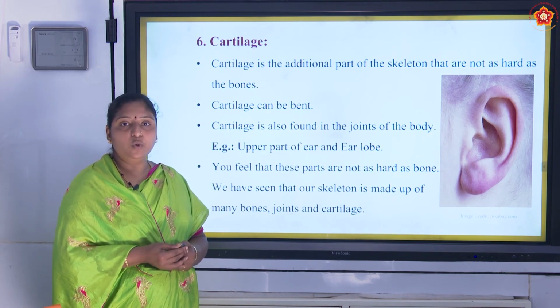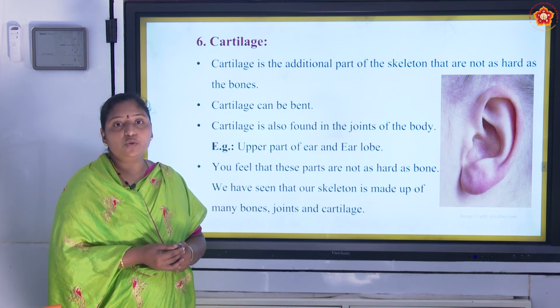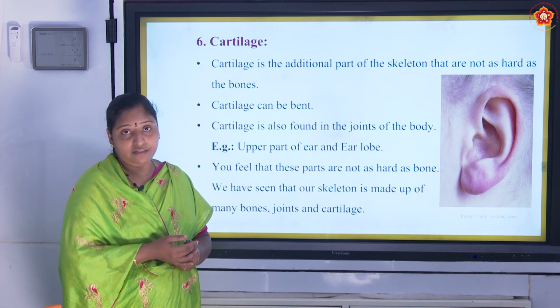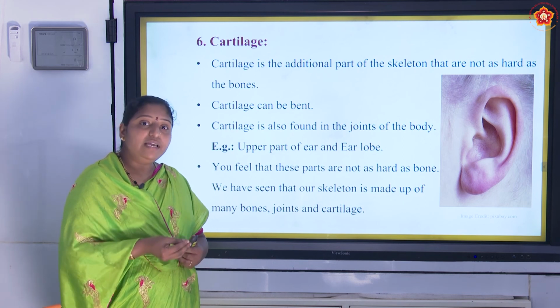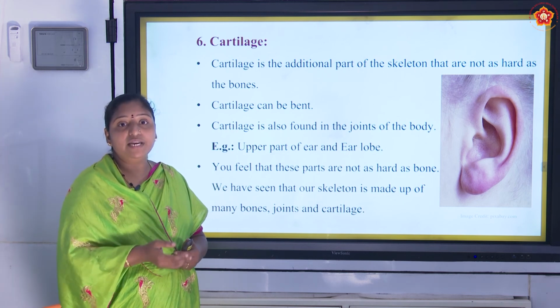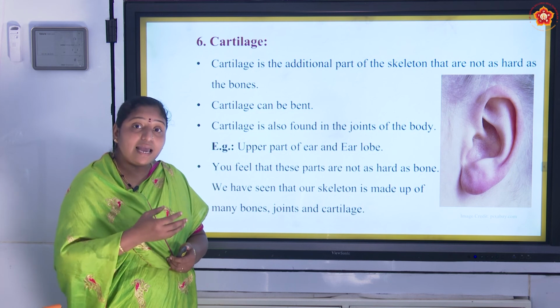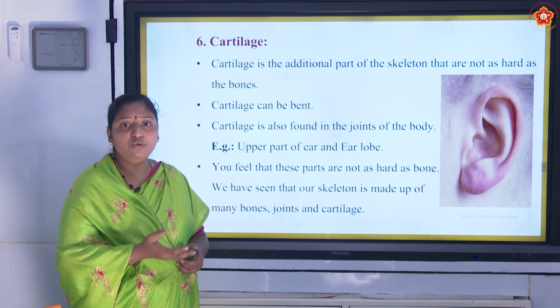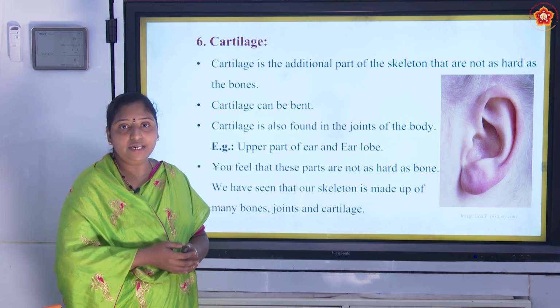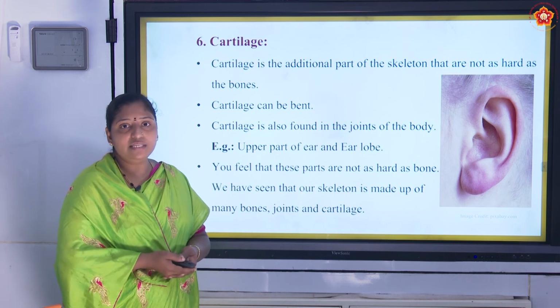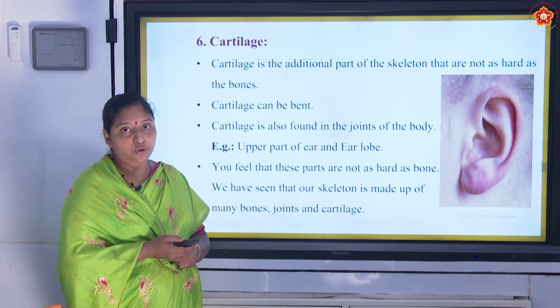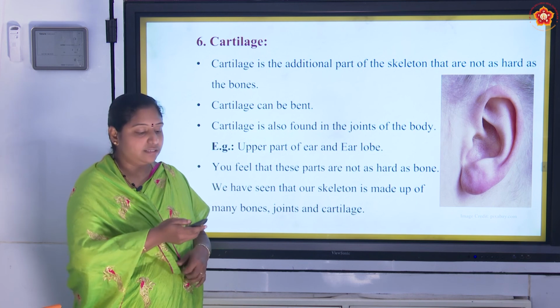So children, hope you all have understood what are the moral activities you have to do and why God has given our body and why God has given all these activities in our body. Without movement, without bending, what can we do? So God has given all these things and we have to do all the good activities.